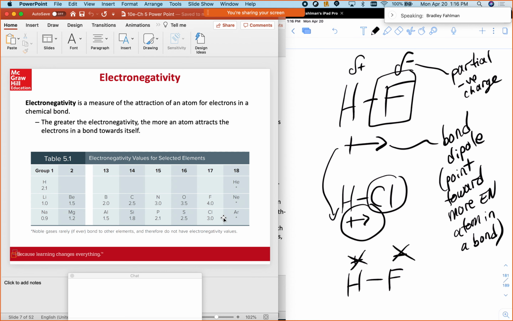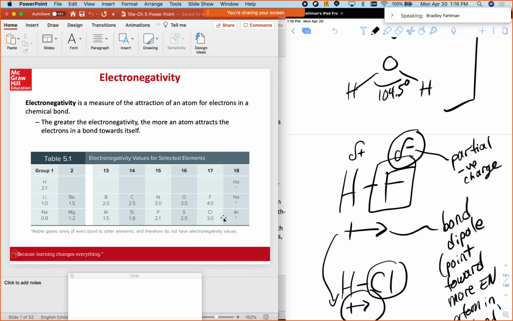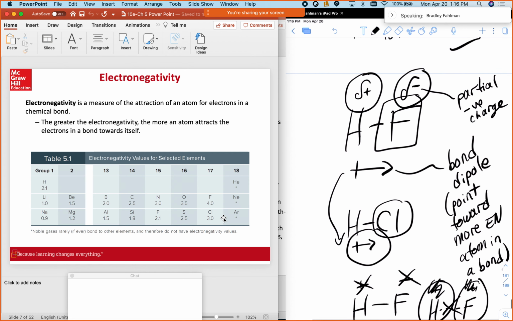So we don't put them as individual charges because that implies that it's an ionic bond, right? If you say this, then that means that's an ion, that's another ion, and there's really no sharing of electrons between them. Okay, so you have to be careful of not putting individual charges, but all you're saying here is that this end is more negative than this end, just due to the difference in electronegativity. Okay? So any questions on sort of the symbolism in molecules?